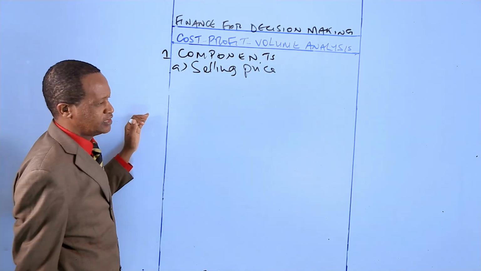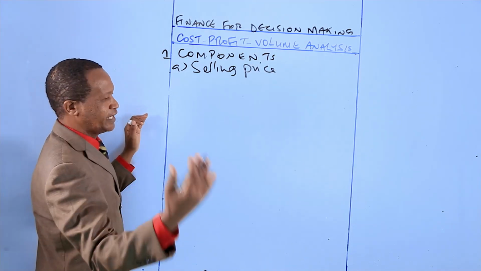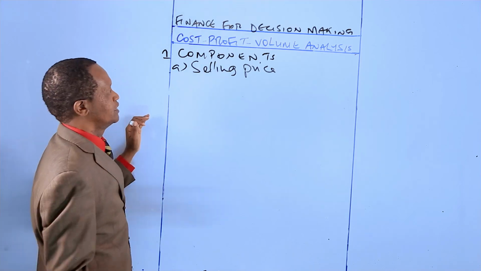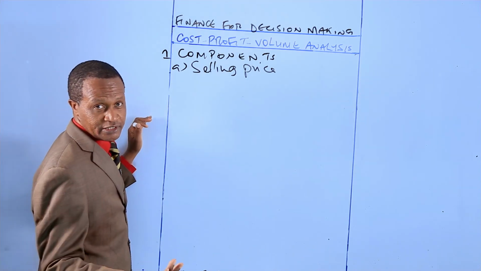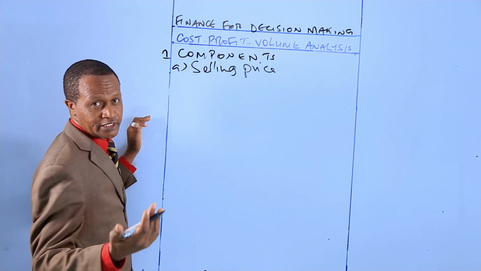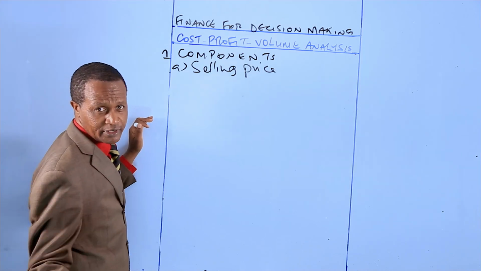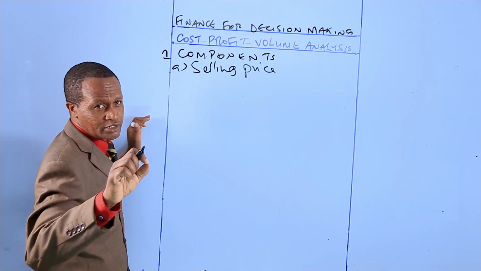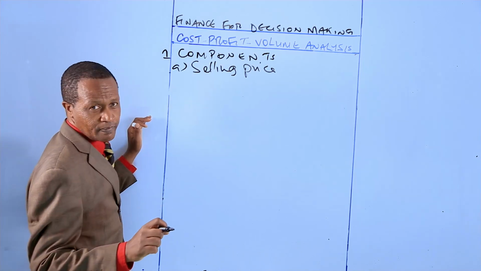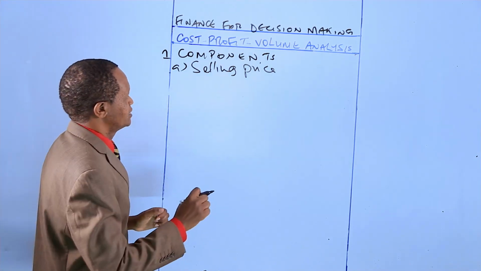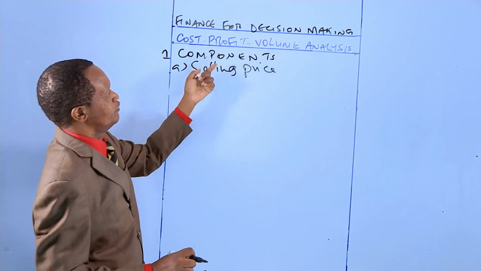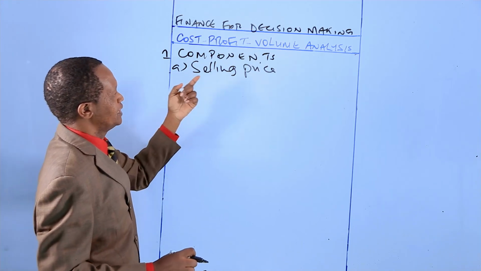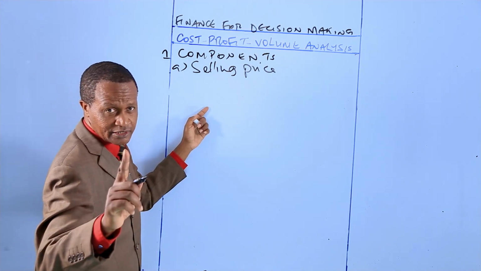If you're in business of buying and selling, your products must bear a selling price. And here we are referring to the selling price per unit at which a product or service is sold. That is the selling price. So the first component of the CVP analysis is selling price.